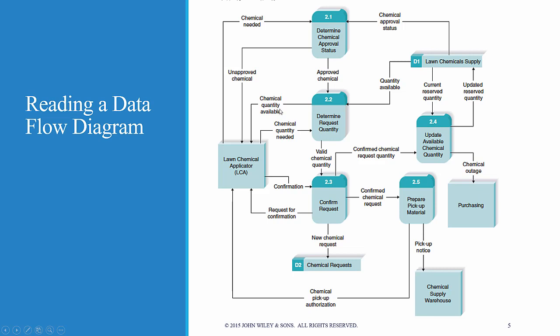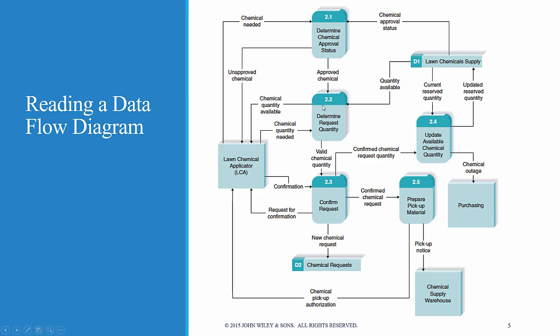You name data flows with a noun, and you list the data elements that the flow contains. Data flows are the glue that hold the processes together. One end of a data flow will always begin or end at the process, with the arrow, of course, showing the direction of flow.